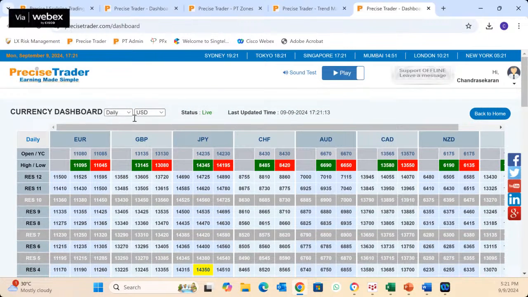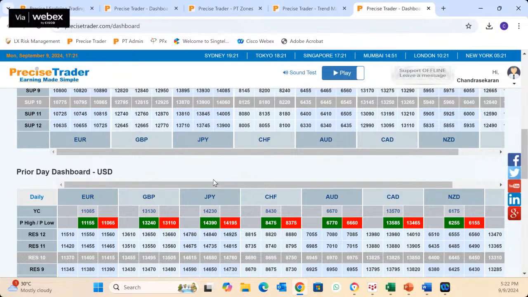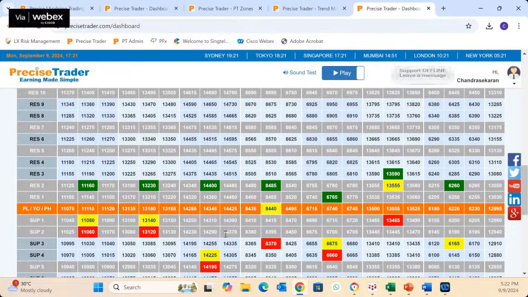Based on the daily, what the system is telling me is I've got a resistance at 143.55. This is known to your eyes, because when we look at the charts, we don't get this to see. So I know there is a resistance at 143.55, and when I scroll down, there is a resistance at 143.70, 143.90 and 144.25.